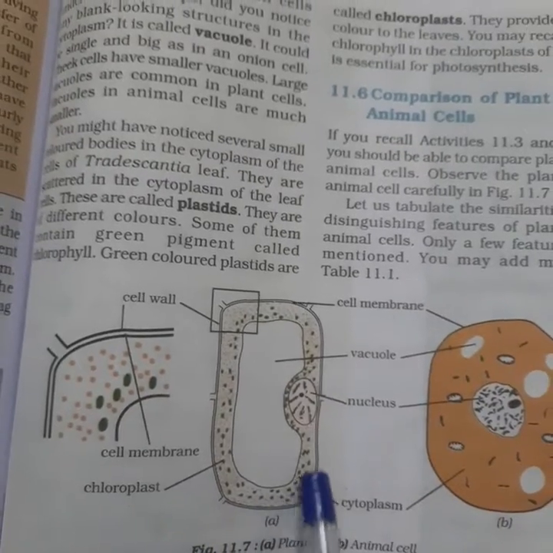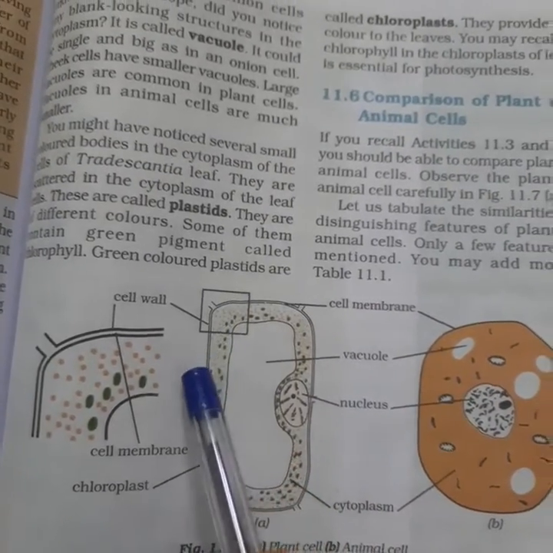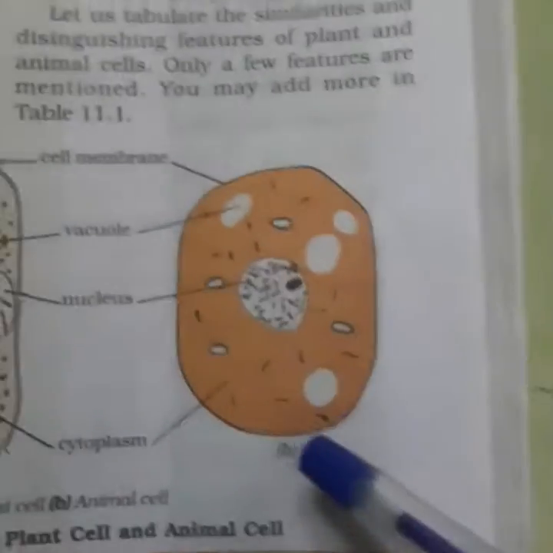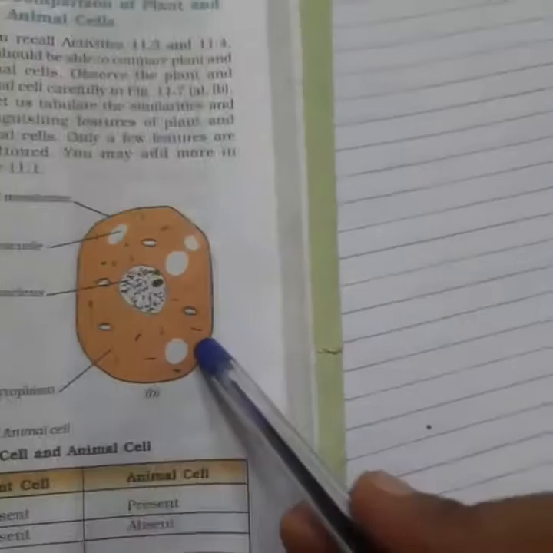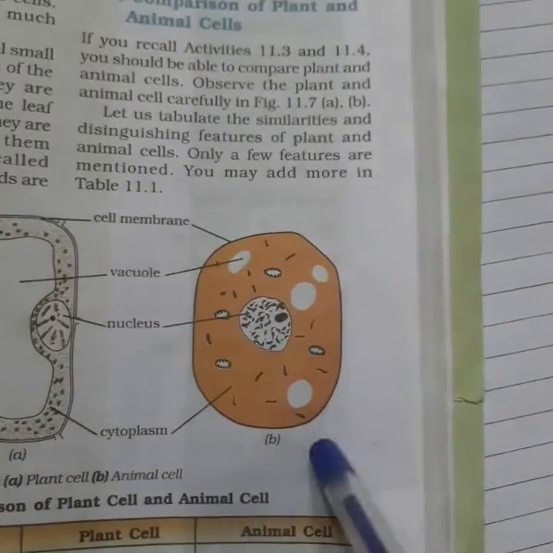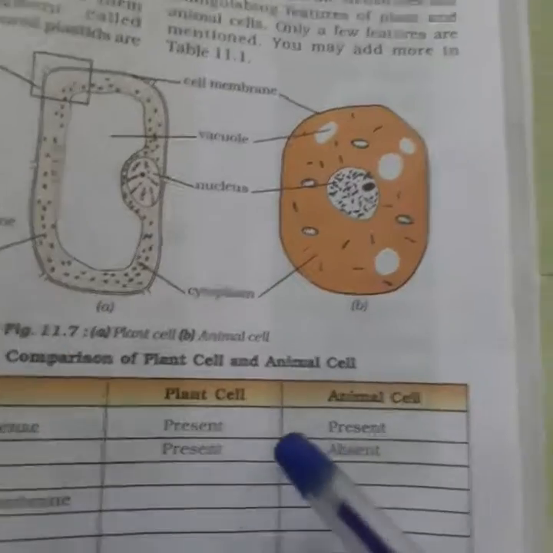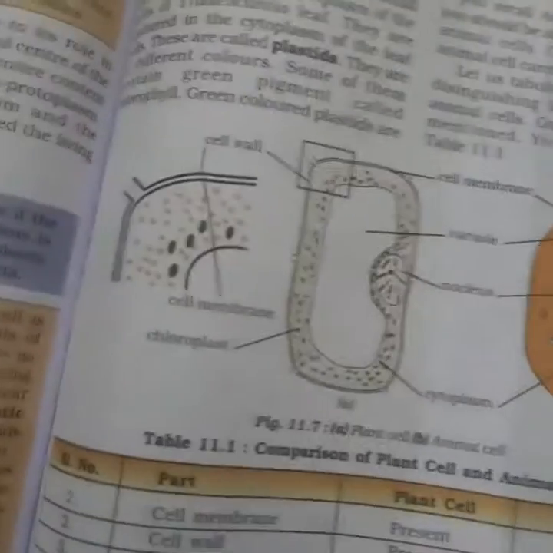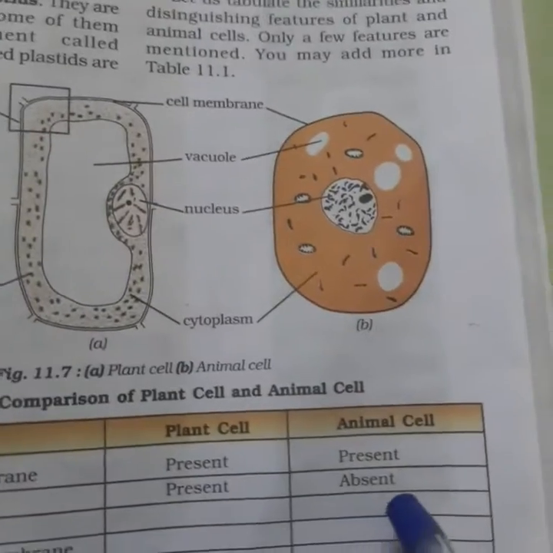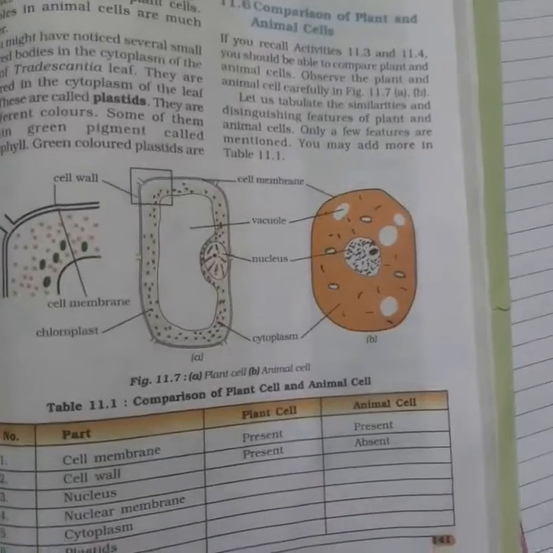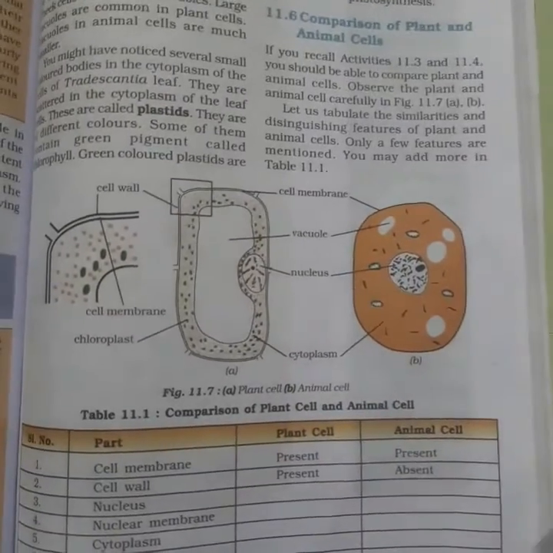As you can see here in the picture, this is cell wall. But in the cell of the animal, is it present? So here we can say cell wall is not present, cell wall is absent. Cell wall is present in the plant cell and cell wall is not present in the animal cell. That is why it is absent. So remaining features you have to fill in this table and show me. Okay.